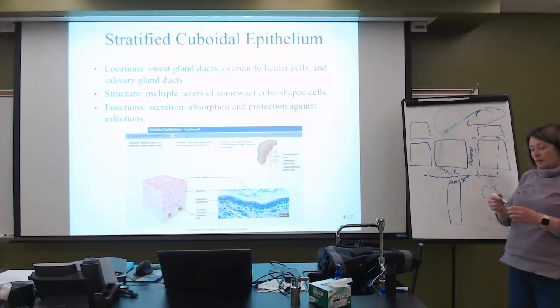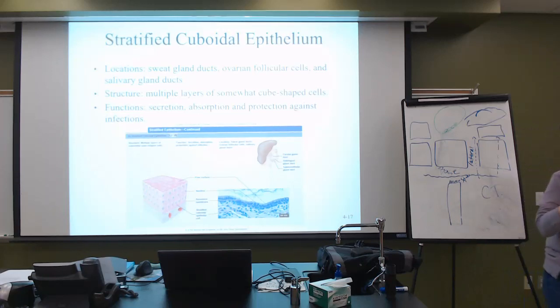Now, this means it has to go through meiosis, meaning we have to take the chromosome number from 46 to 23, all right? So here's what has to happen in those cells.